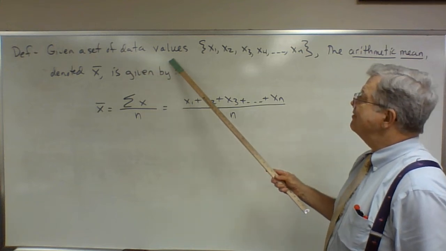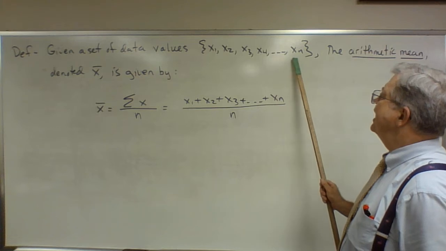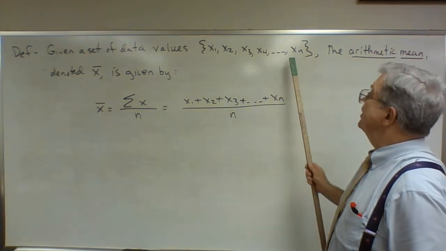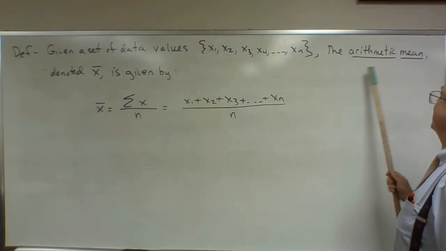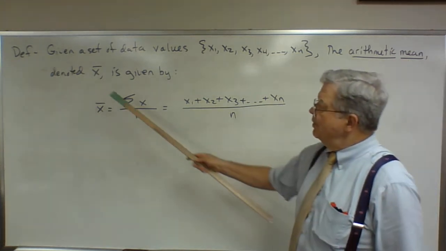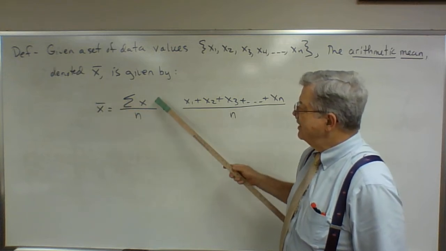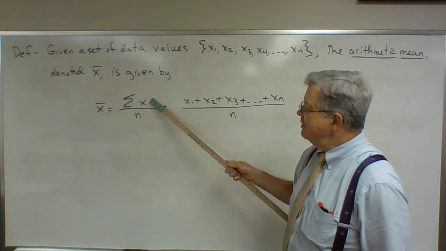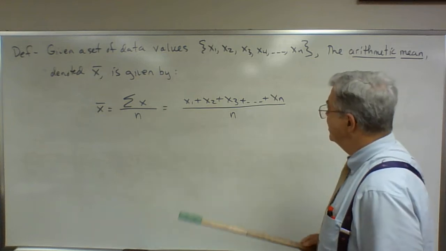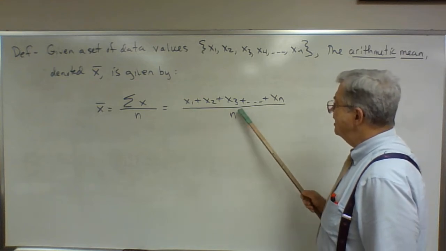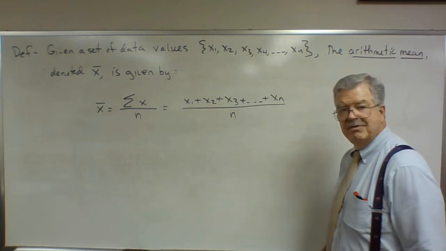Given a set of data values, x1, x2, x3, x4, up to xn, and notice that there are n of these data values, the arithmetic mean that we denote by x with a bar over it is given by the sum of the data values divided by the number of data values.